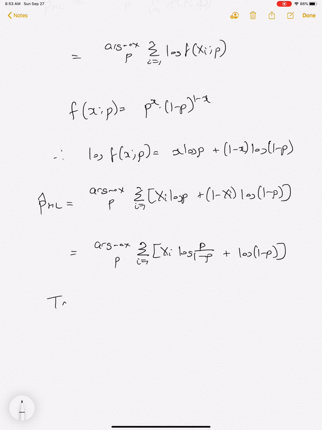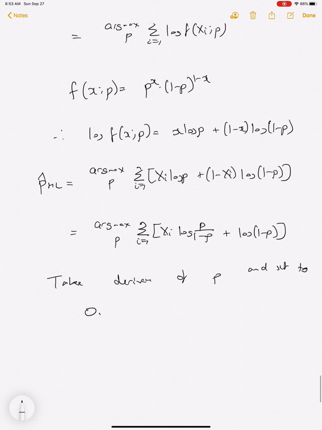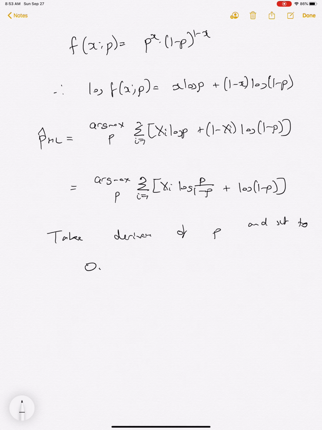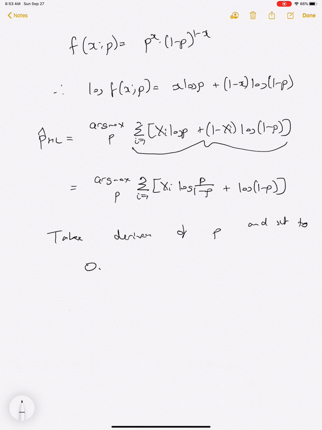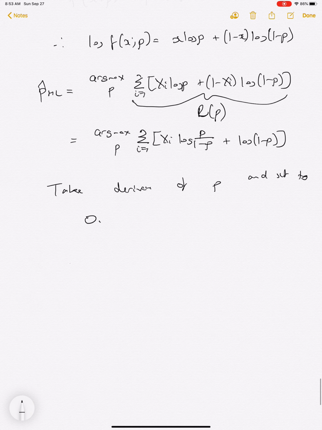Okay, and so let's take derivatives and set to 0. We want to take a derivative of this whole function. We'll call that L(p), as a function of p.